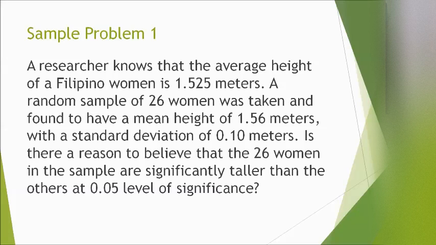A random sample of 26 women was taken and found to have a mean height of 1.56 meters, with a standard deviation of 0.10 meters. Is there a reason to believe that the 26 women in the sample are significantly taller than the others at 0.05 level of significance?